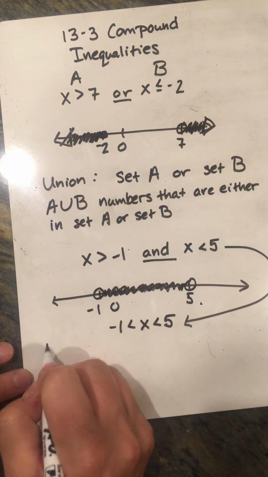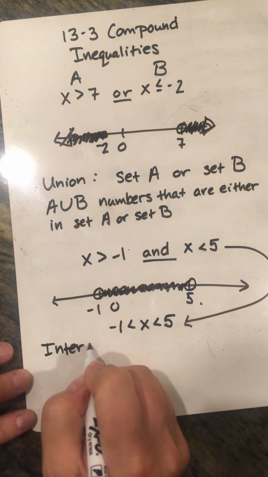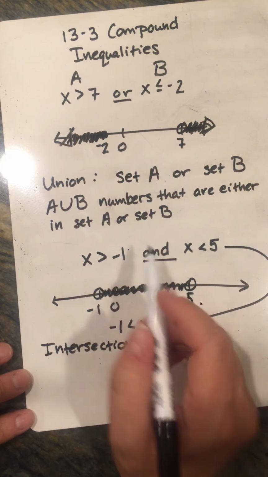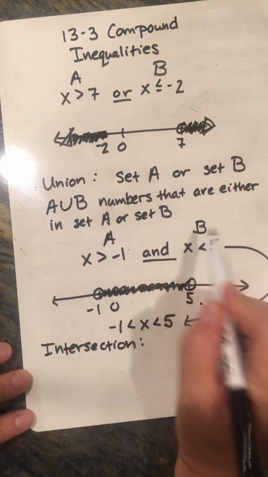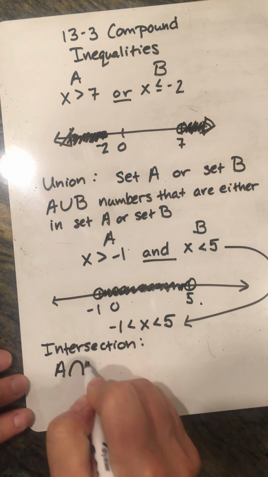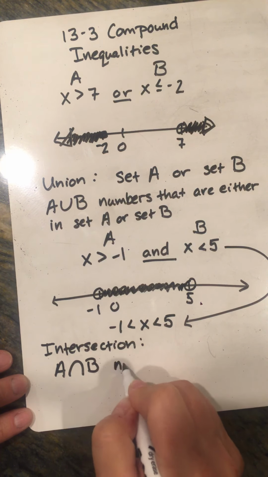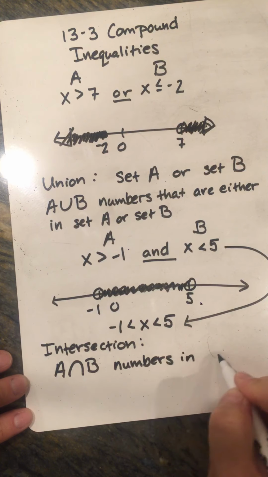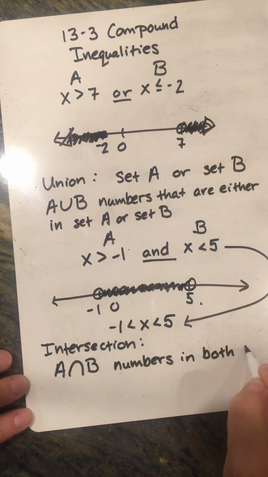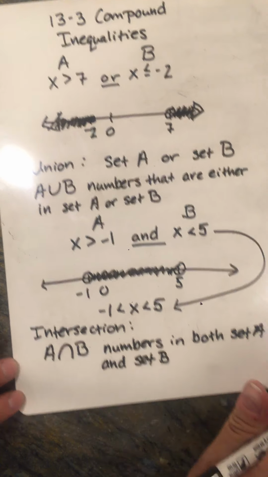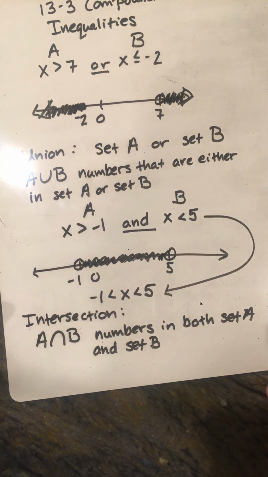This is called the intersection. So if you have set A and set B, the intersection is A, and then it's an upside down U in this case, B. And those are numbers in both set A and set B. All right, so intersection has the crossover.